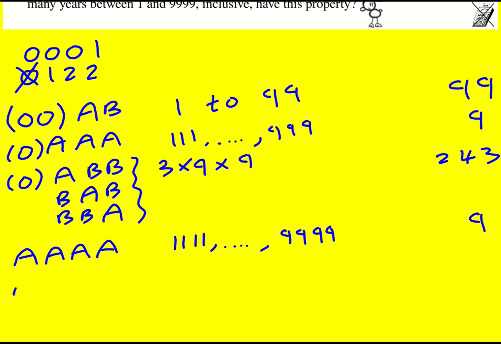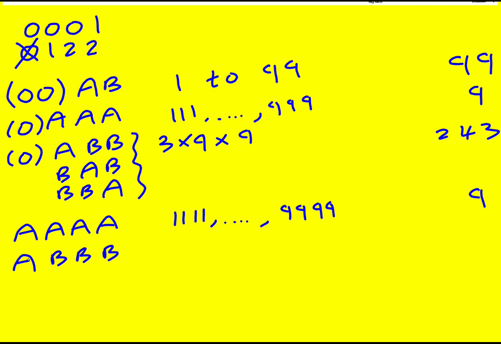Now I'm going to look at what happens when I've got 1 here, and then 2 of them are the same. So in the same way, A can't be 0 because I've included that one already. So there's going to be 9 possibilities. But then B is allowed to be 0. So it's going to be 9 times 9. It can't be the same thing. So if A is 3, B can't be 3, which is why I don't have 10 options here. And then I need to think about the different permutations.